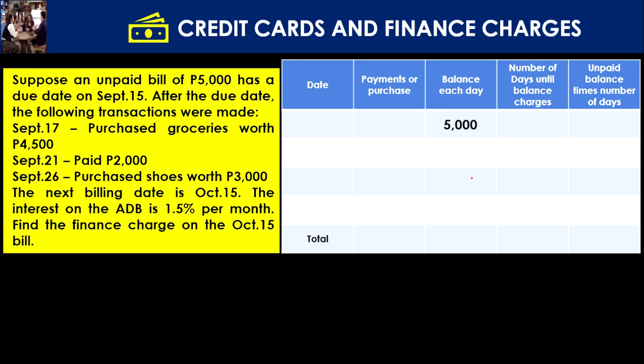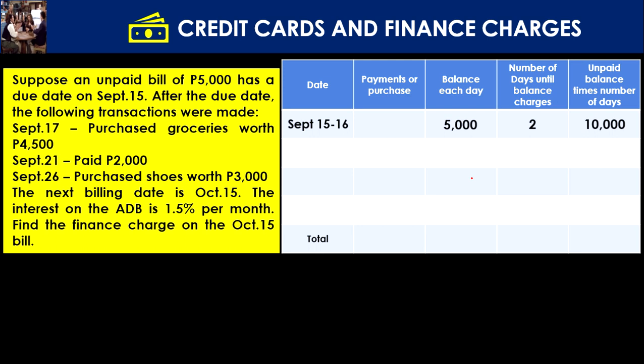On September 16, you still have a balance of 5,000 pesos. So September 15 and September 16, that's 2 days. Let's multiply 5,000 times 2. That is 10,000.